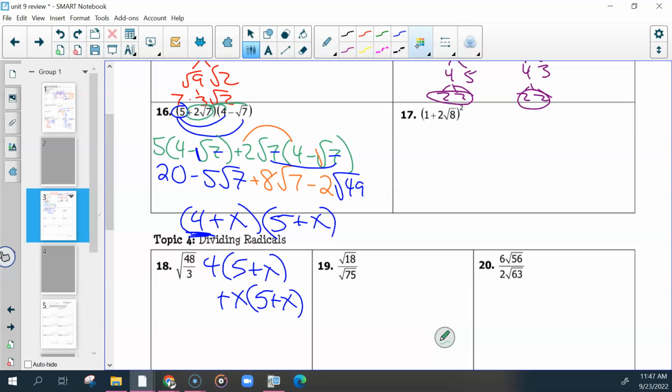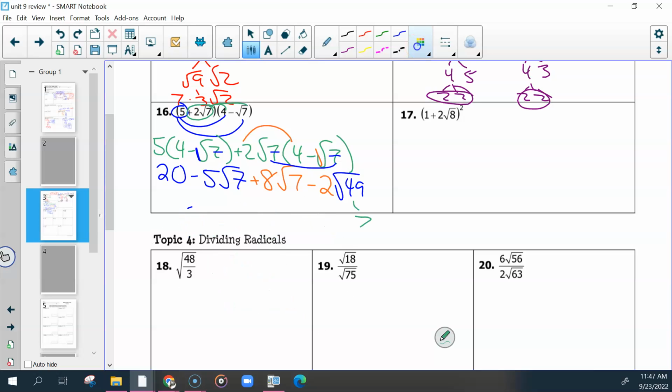Square root of 49 can be simplified. That's just 7. We have negative 2 times 7. And everything else gets brought down. Of these, which ones can we combine?